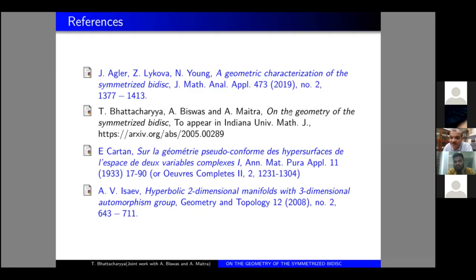When we were groping with this, this question did arise, but more or less right at that time, we figured out that Isaev's D1 fits into our scheme, and there the leaves are not CR equivalent. So then immediately we saw that the leaves here in the symmetrized bidisc are not CR equivalent. It's not that we had spent a great deal of time trying to prove or disprove it.